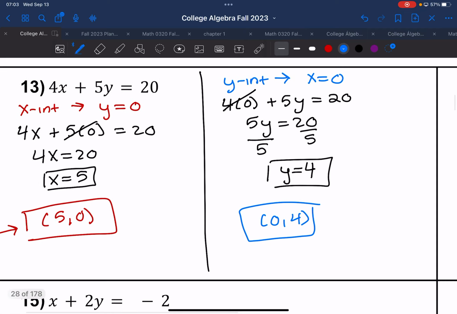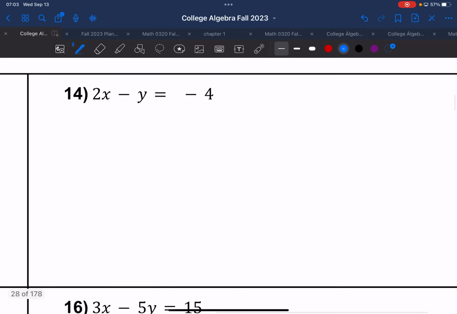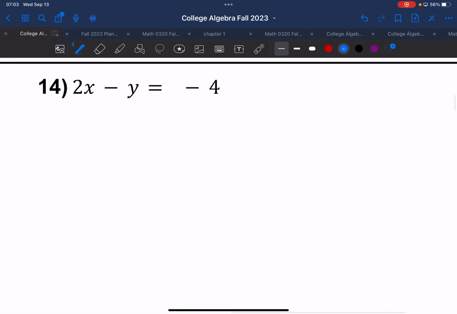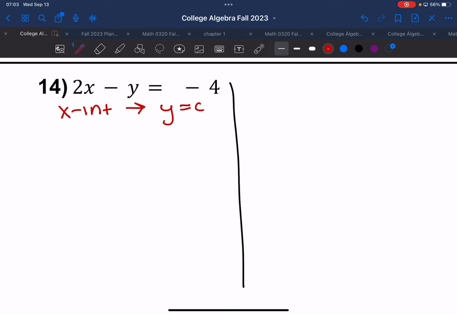Now looking at 14. X-intercept is when what variable is 0? Y is 0. Plugging that in, I get 2x minus 0 is equal to negative 4. That minus 0, that cancels out.